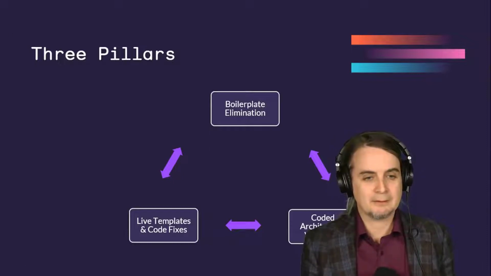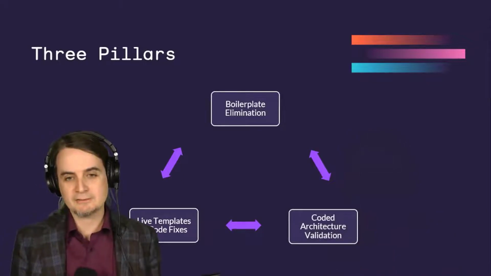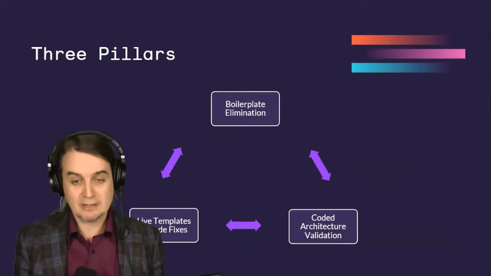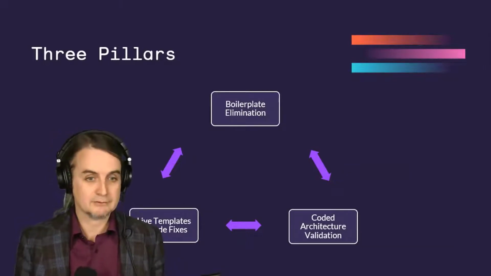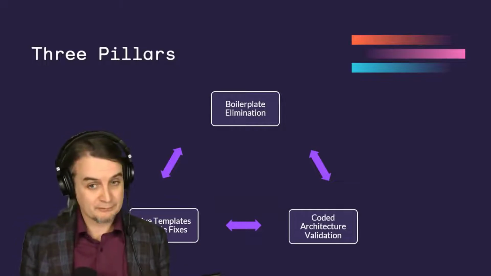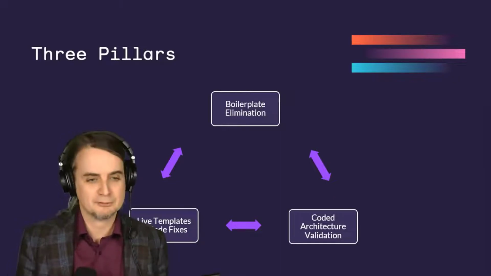The second pillar is coded architecture validation. That means that Metalama gives you tools to validate the source code against any rule that you want or that you are able to code. This was present in PostSharp 2, but not very well developed. In Metalama, this is much better.